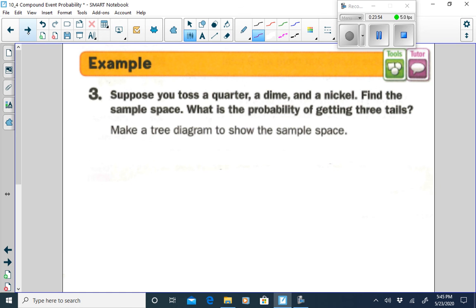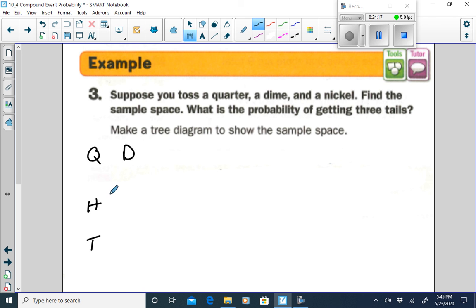Suppose you toss a quarter, dime, and nickel. Find the sample space. What's the probability of getting 3 tails? Make a tree diagram. Let's start with our quarter. Quarter could land on heads or tails.